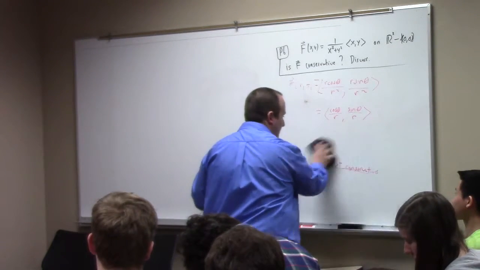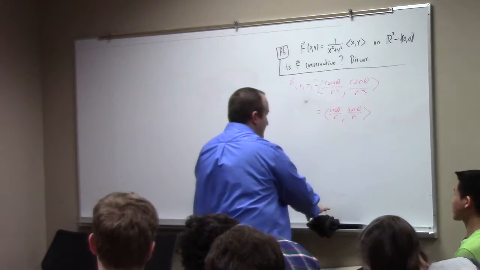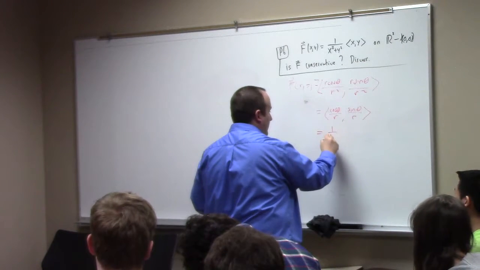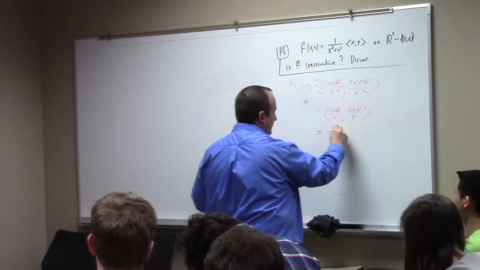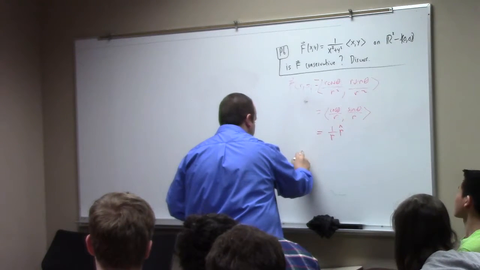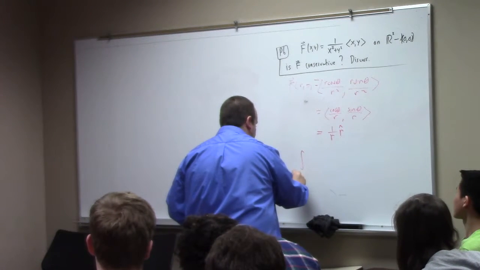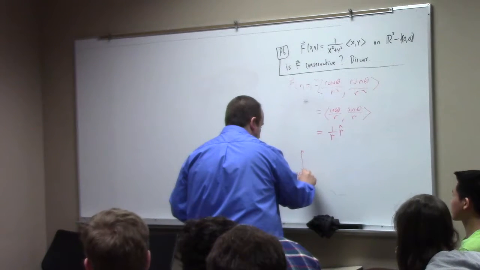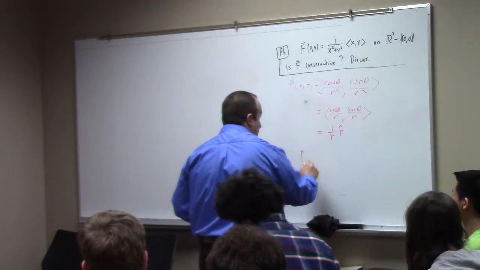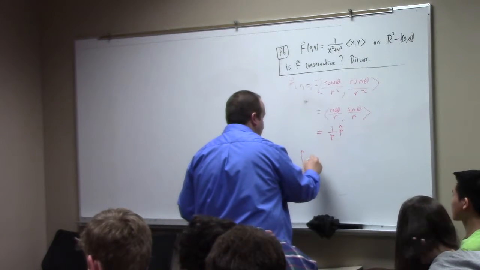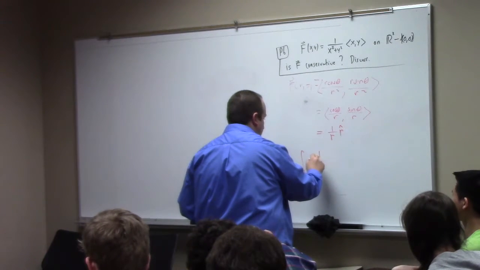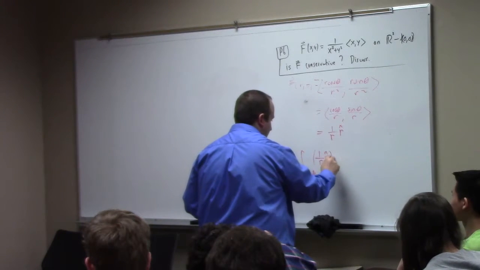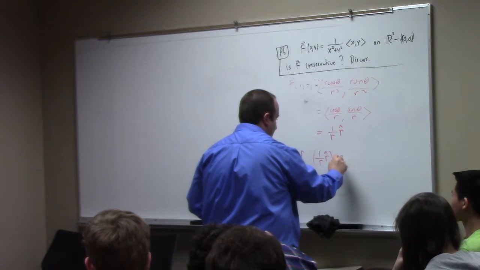Instead, let's just recognize that this, again, is 1 over r hat, right? And so if we were to integrate over the unit circle, this would be 1 over r hat dotted with n hat ds.